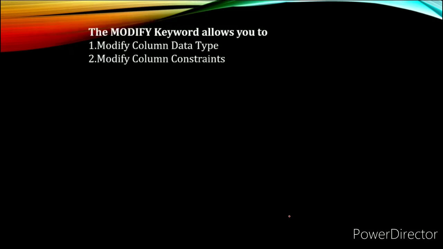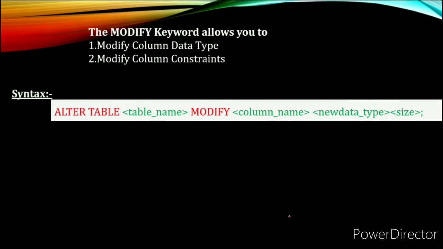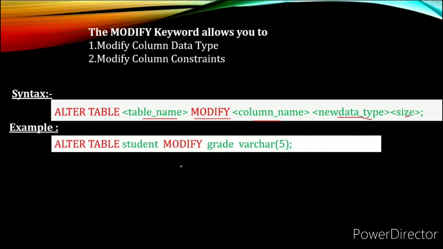Now we can also modify the column's data type and the column constraint with the help of the modify clause. So alter table, table name, then modify, the column name, and here the new data type and its size. This is an example: alter table student, modify grade varchar, the new data type is varchar, and the old data type is char, with a new size.